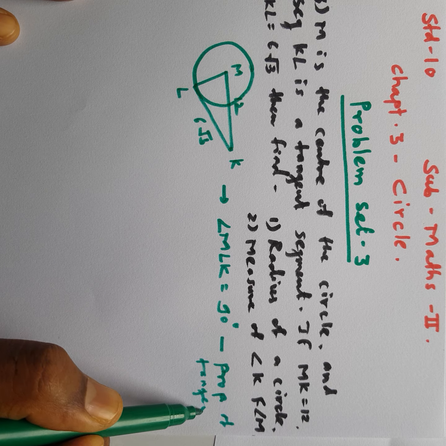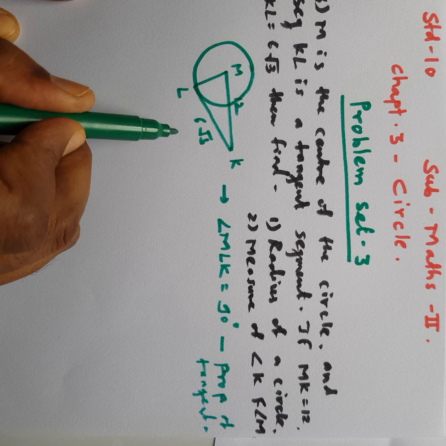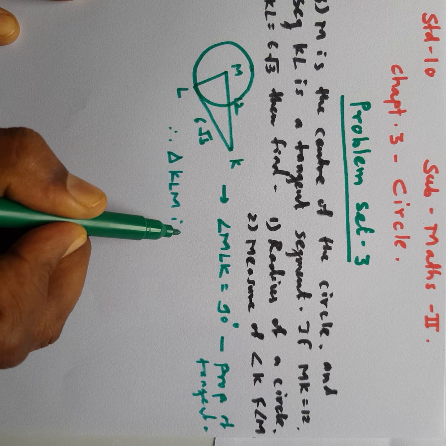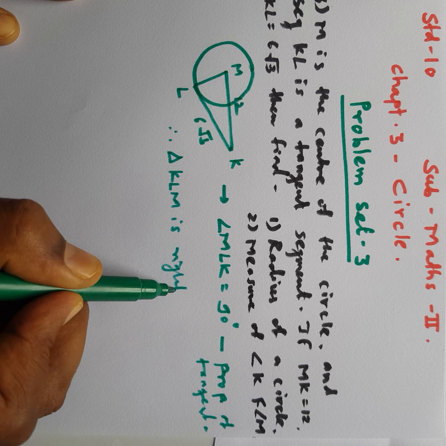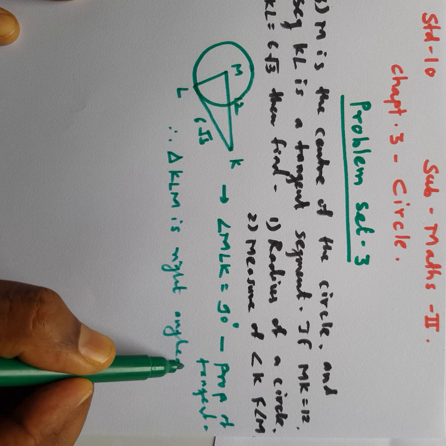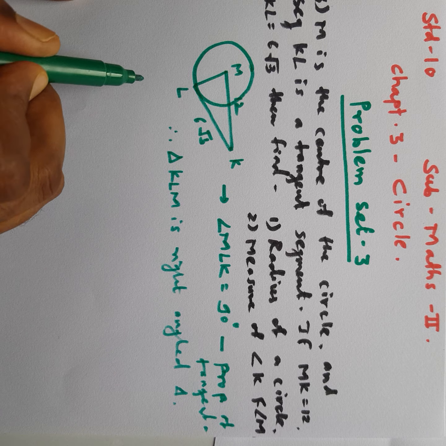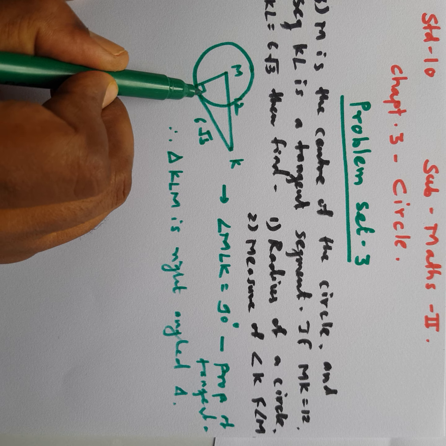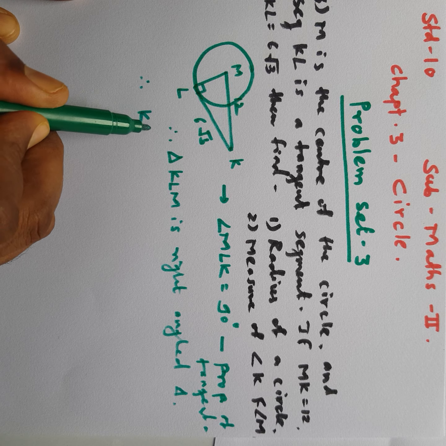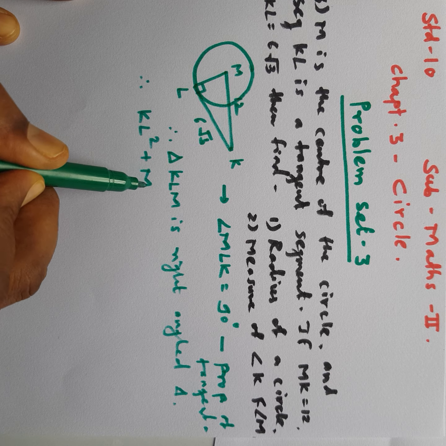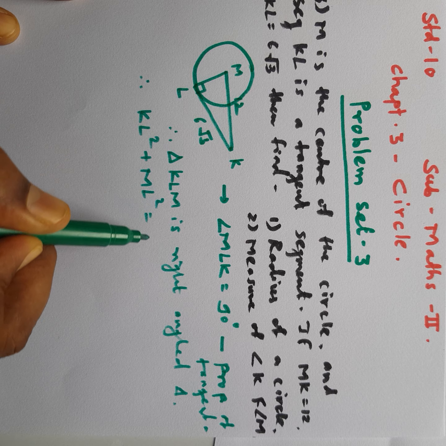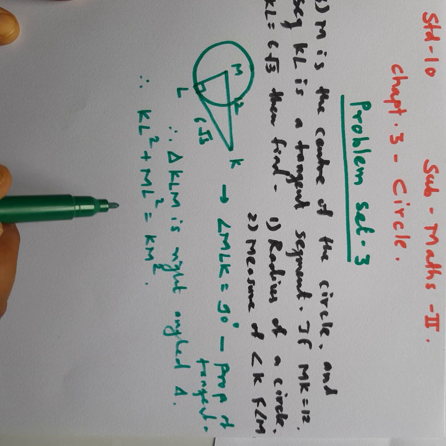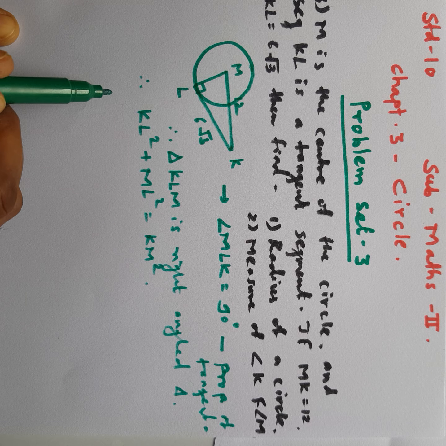Tangent is perpendicular to radius. Therefore, triangle KLM is a right angle triangle. Therefore, KL square plus ML square is equal to KM square, that is, side square plus side square is equal to hypotenuse square.